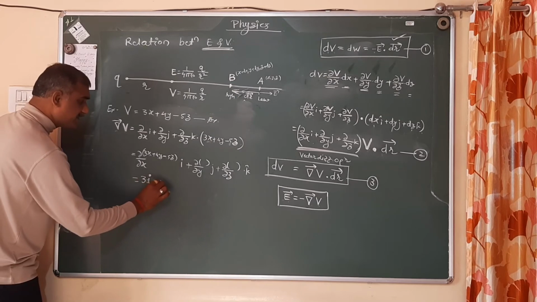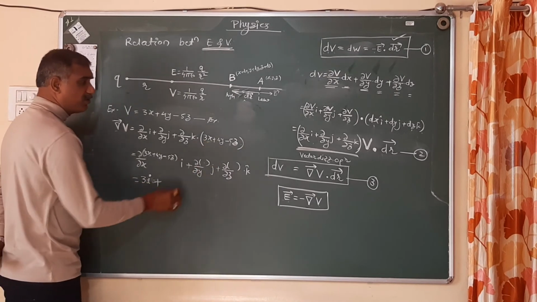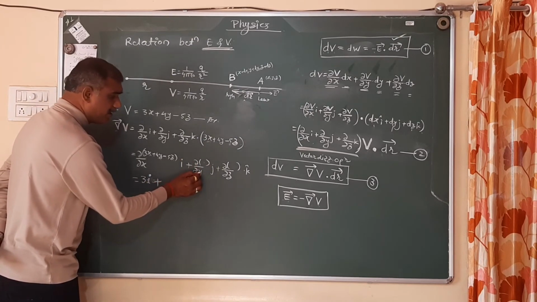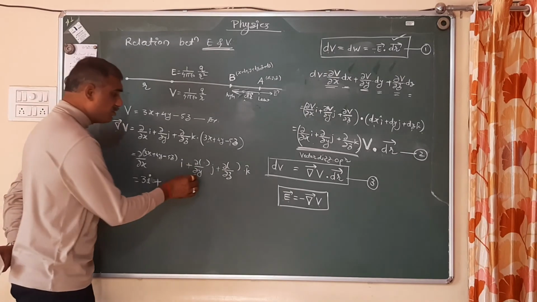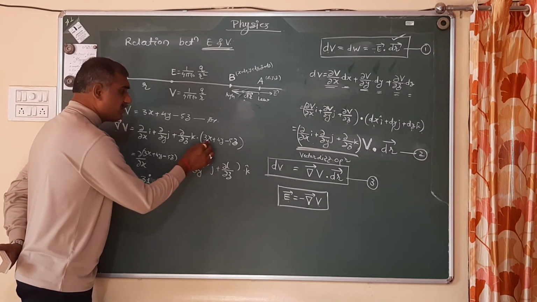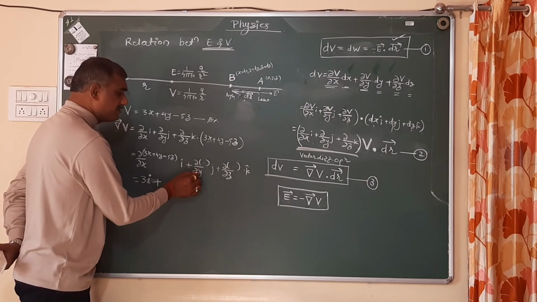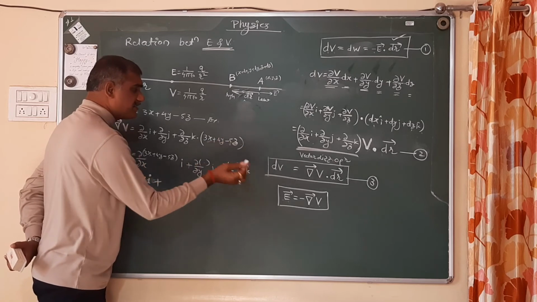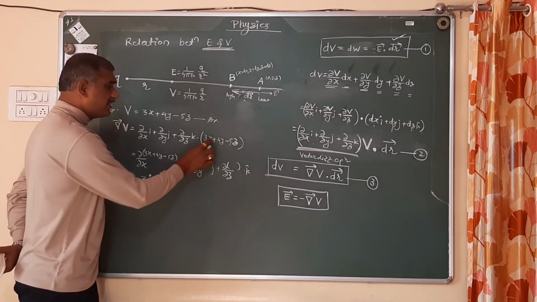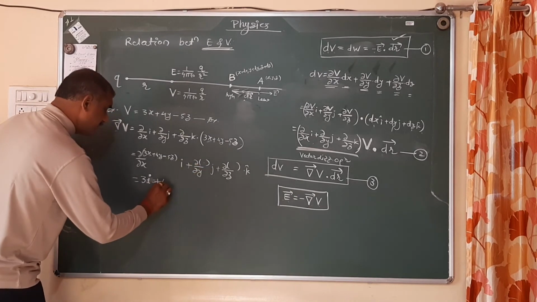Then it becomes 3i plus del y of this function, 3x plus 4y minus 5z. That time again this is a partial derivative, that means differentiation with respect to y by taking other variables as constants, that means x is constant and z is constant. Therefore derivative with respect to y, for 3x it is 0, for 5z this is again 0, but for 4y, derivative of 4y with respect to y is 4, into j.